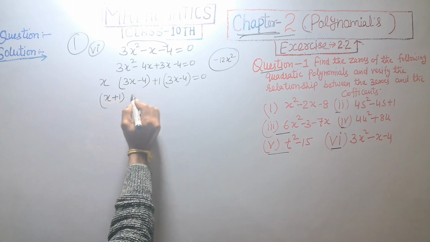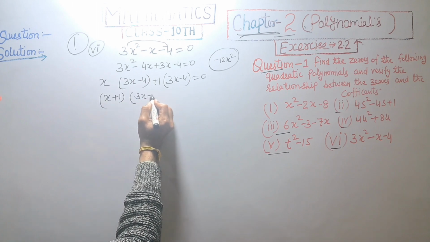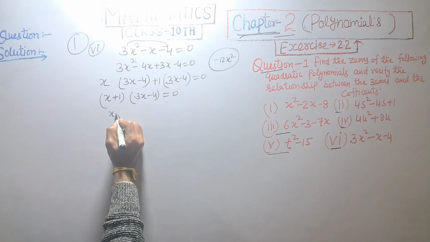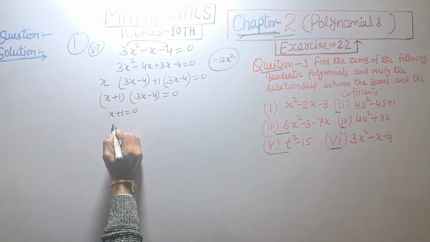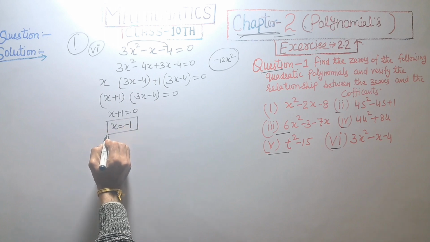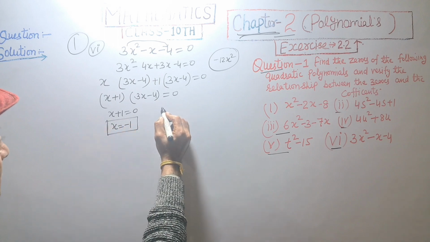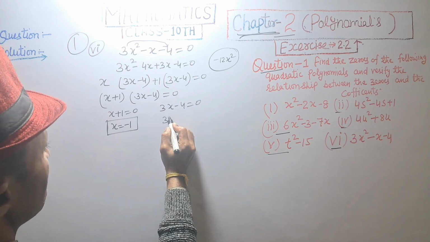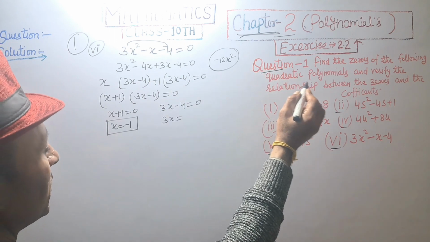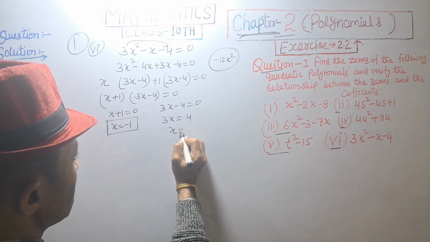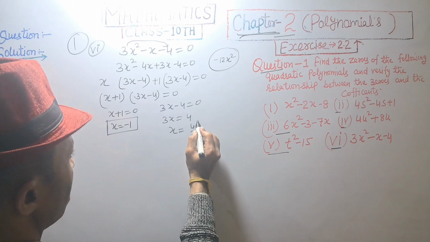X plus 1 and 3x minus 4 equal to 0. X plus 1 equal to 0 and x is equal to minus 1. And 3x minus 4 is equal to 0 means 3x is equal to 4, shifting to the right side it will be positive, and x is equal to 4 upon 3.